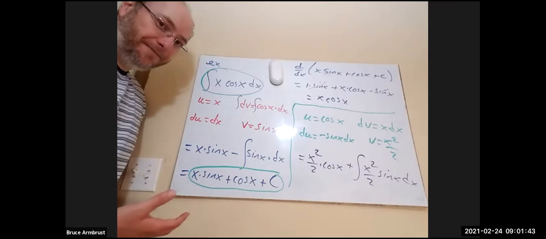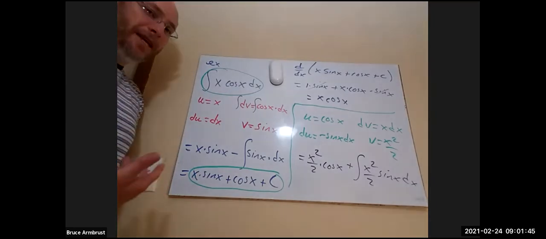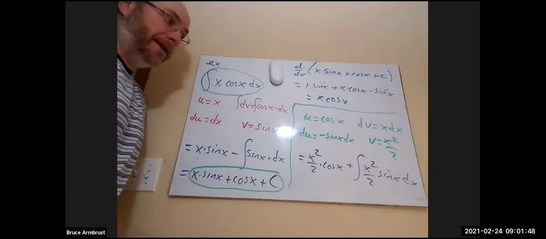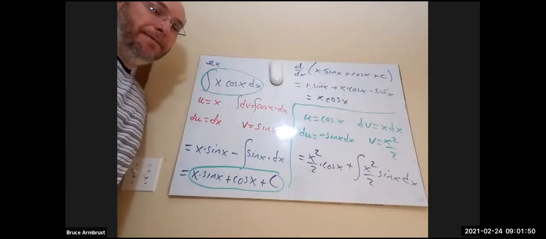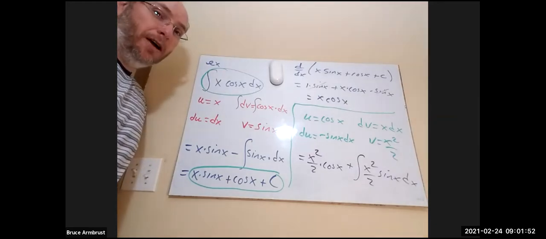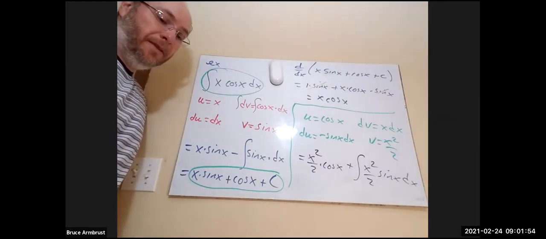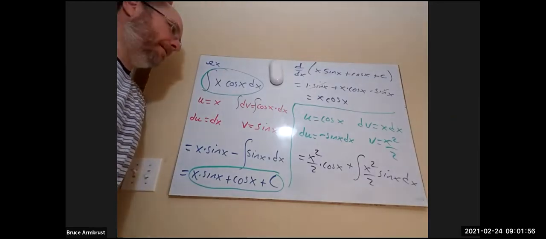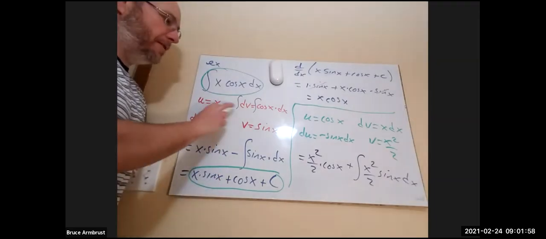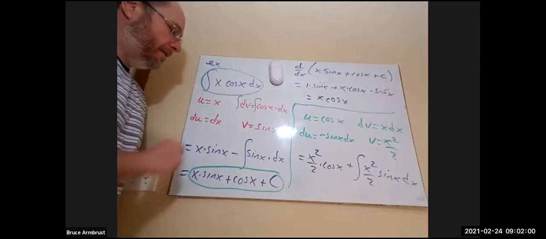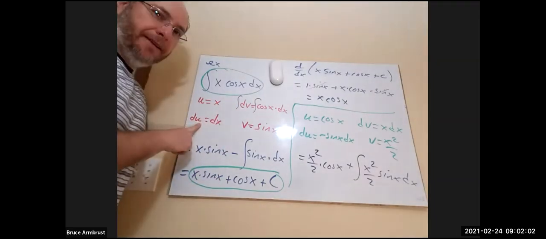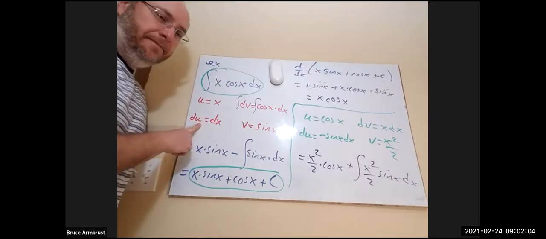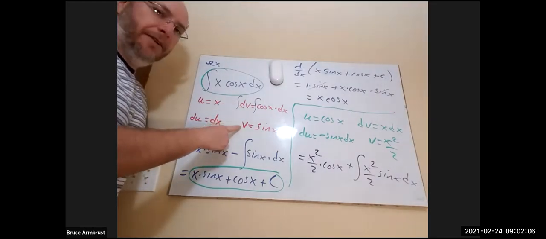All right, so how do we minimize the likelihood that we pick wrong for our u? Well, here's what I want you to think about. Think about what we're doing with the u and the dv's. The u we're differentiating. The dv we're integrating.